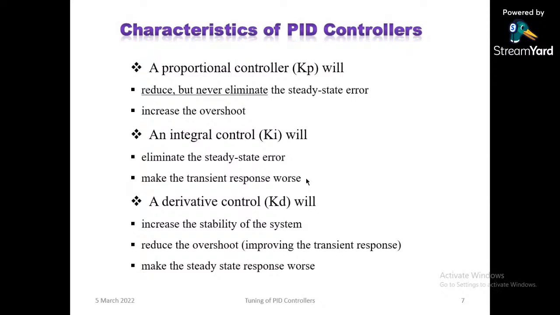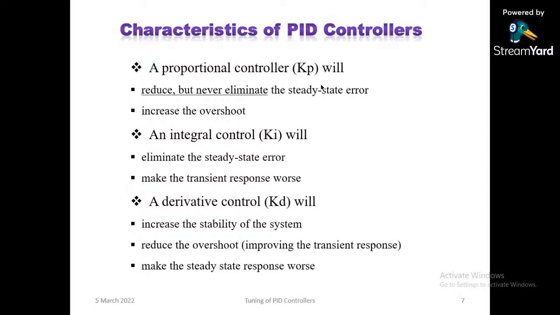Did you remember the points? Point number one, the proportional controller will reduce the error but will not make it exactly zero. But while doing this, it will adversely affect my overshoot. Okay. Now, the integral controller will improve my steady state response. I mean, it gives me steady state error exactly at zero value.